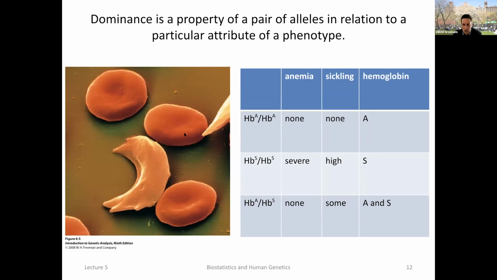Sickle cell anemia is caused by a mutation in the hemoglobin gene, and it results in a sickling phenotype in red blood cells that have this mutant form of hemoglobin, okay? And so we can look at either the molecular phenotype, that is the molecular structure of hemoglobin, or the cellular phenotype, that is whether the cells undergo this sickle shape or have a normal morphology.